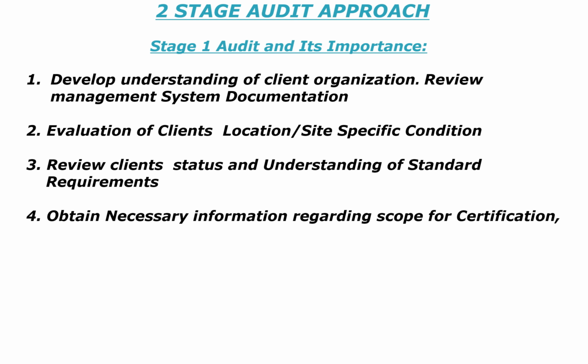So therefore, it is very important for the certification body to assess the maturity of the organization and their implementation status before you can plan for the stage two audit, right? Then obtain necessary information regarding the scope of certification: what products and services, what activities they are performing, what kind of products they make, what kind of services they offer.